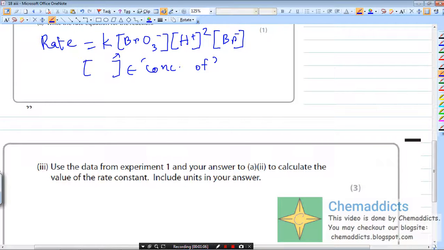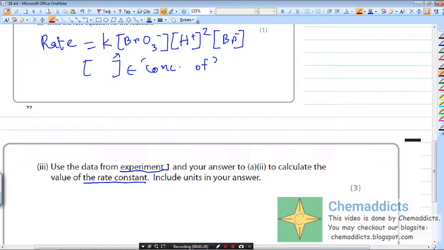Use the data from experiment 1 and your answer to A2 to calculate the value of the rate constant. So they want us to find the rate constant of this particular reaction.